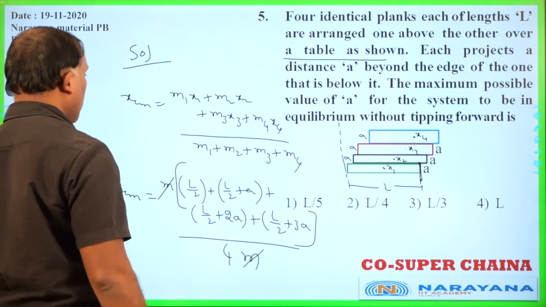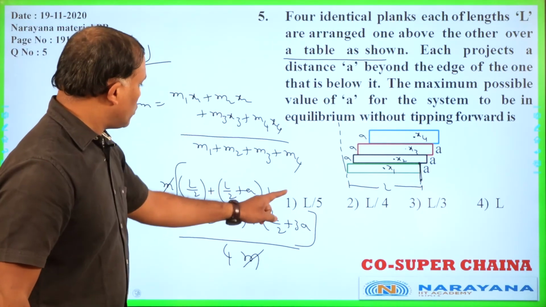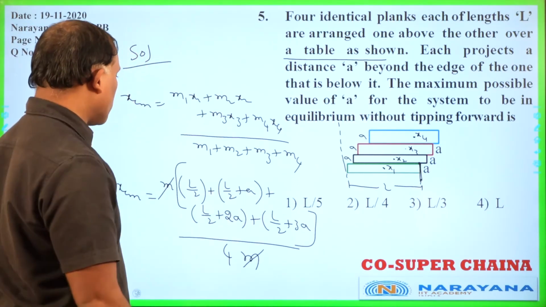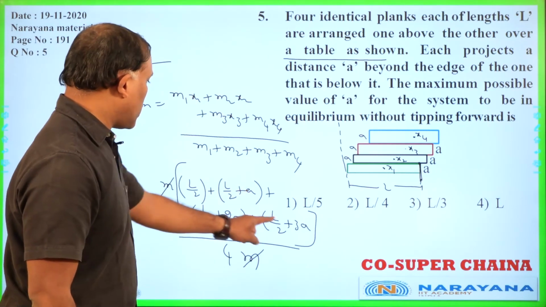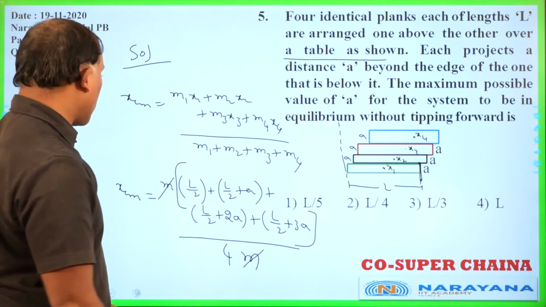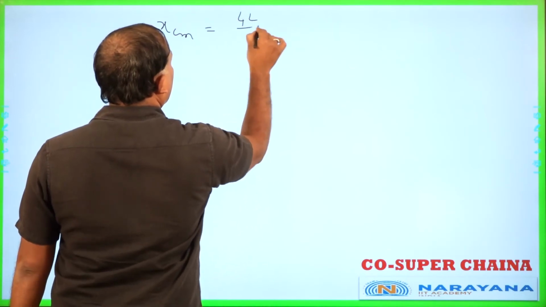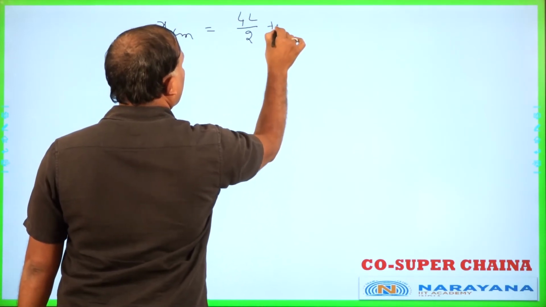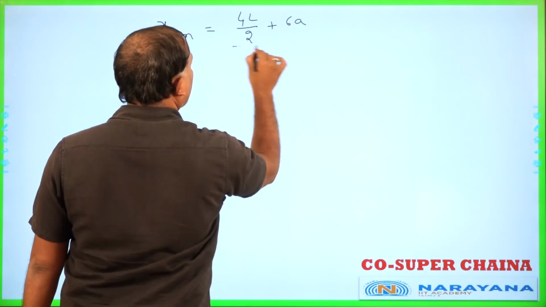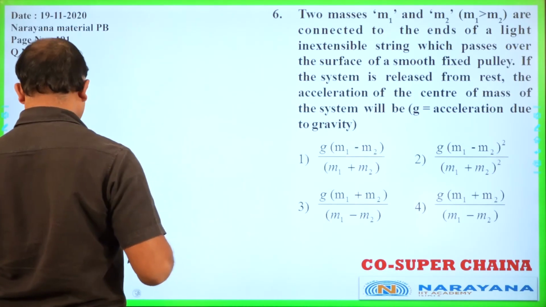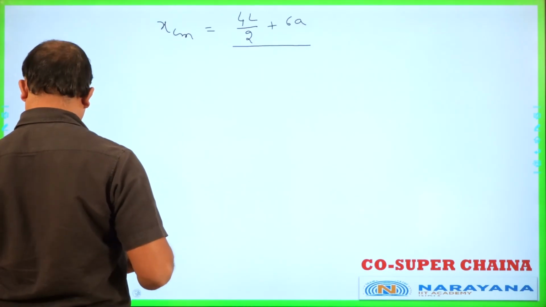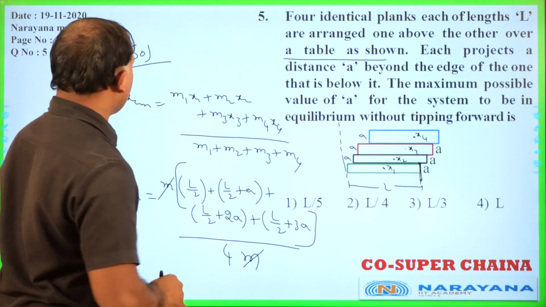Then xcm is equal to L by 2 four times, that is 4L by 2, and 2A plus A plus 3A, that is 6A, so 4L by 2 plus 6A, by 4.